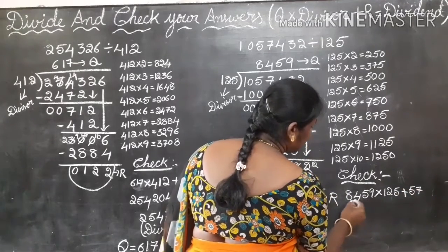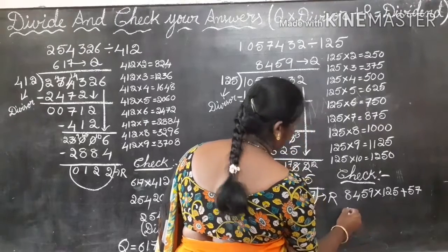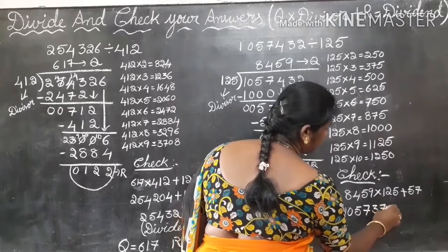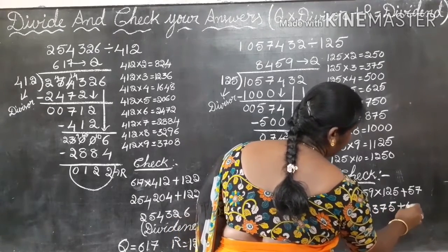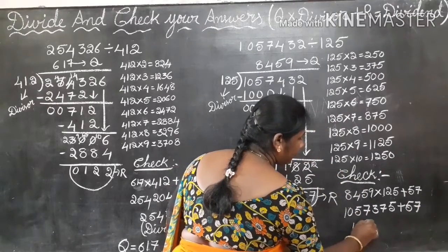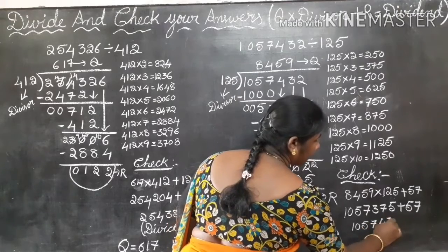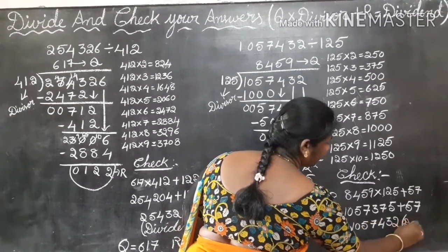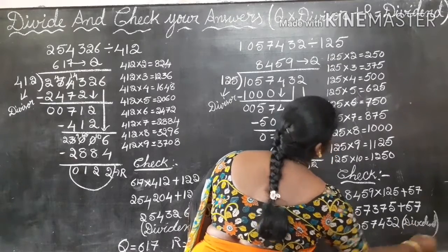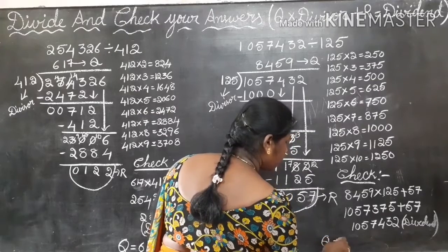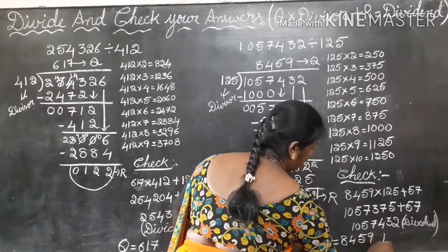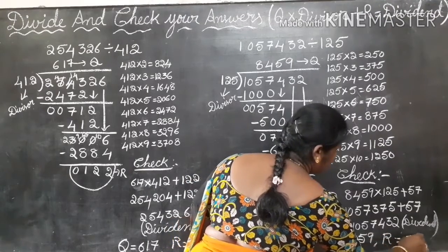First 8459 into 125 gives 10,57,375, plus 57. When we add these two, we get 10,57,432. It is the dividend. So what is the quotient here? Quotient is equal to 8,459. Remainder is equal to 57.